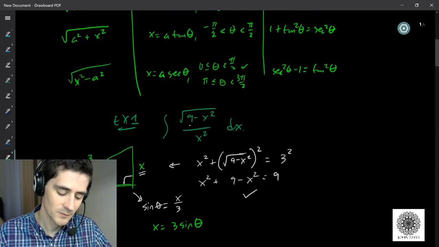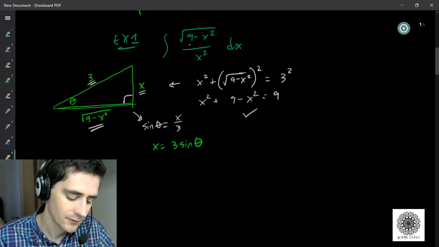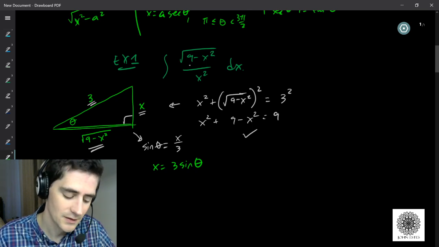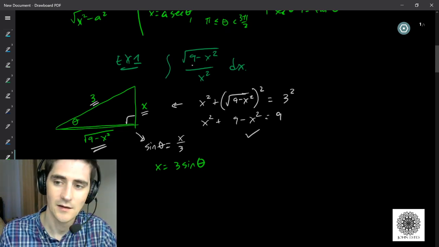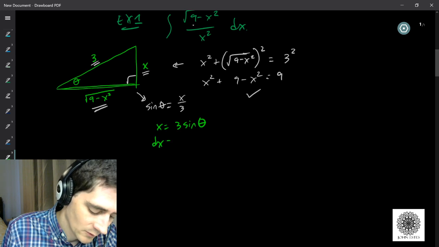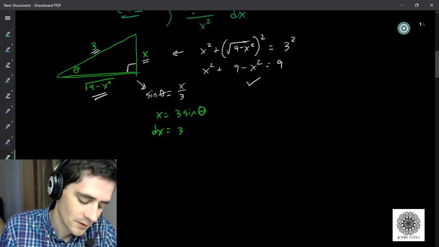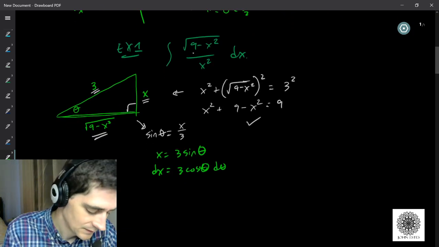I could memorize it, or I could just use the triangle and see that opposite over hypotenuse would be x over 3. Sine of theta is x over 3, so x then is 3 sine theta. Okay, now if that's the case, what about dx? Well, take the derivative of 3 sine theta, you get 3 cosine theta d theta.